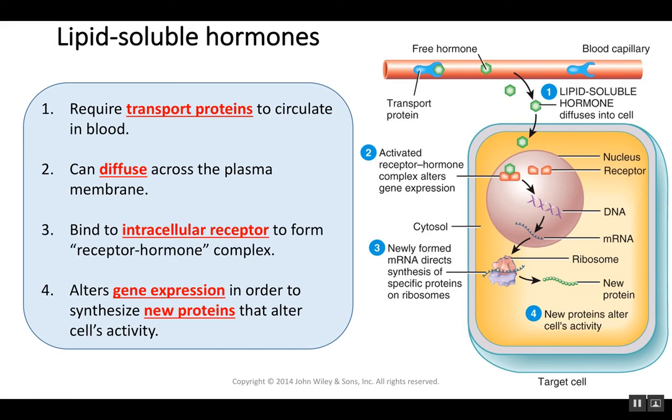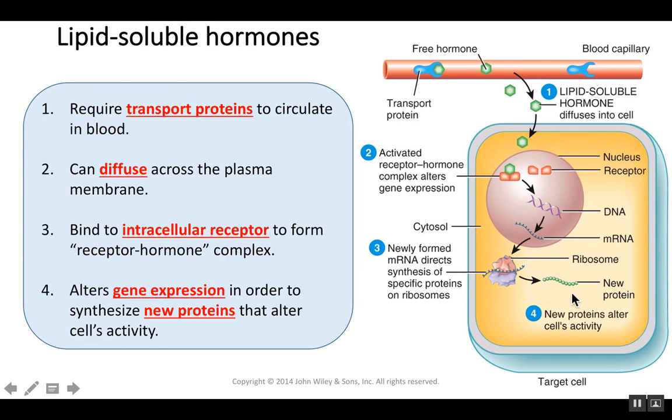And when the hormone receptor complex binds to the particular genes, it brings about genetic expression. Genetic expression has to do with transcribing the gene, so taking the DNA and converting it into RNA. If you recall, that's called transcription. Then taking that mRNA and translating it.